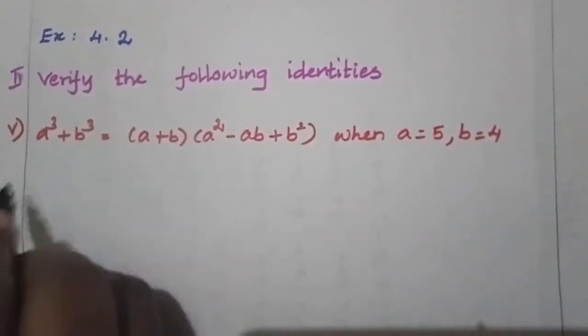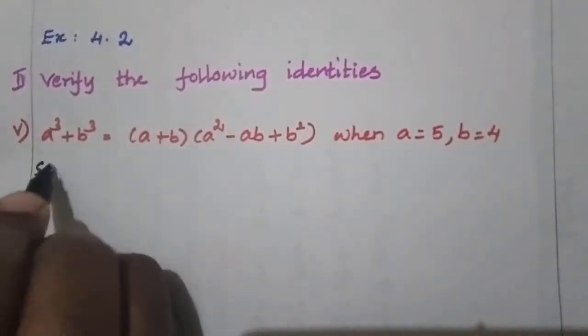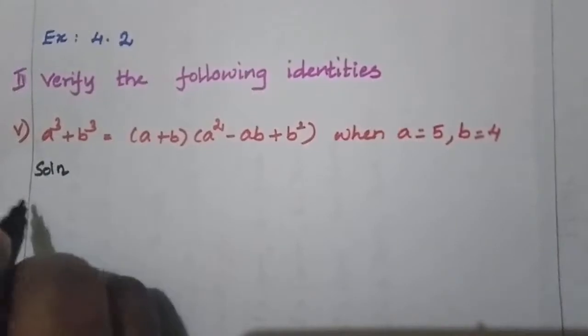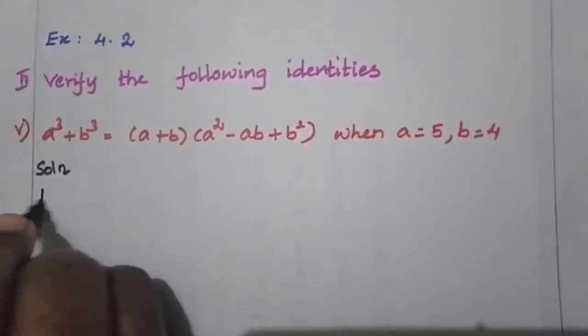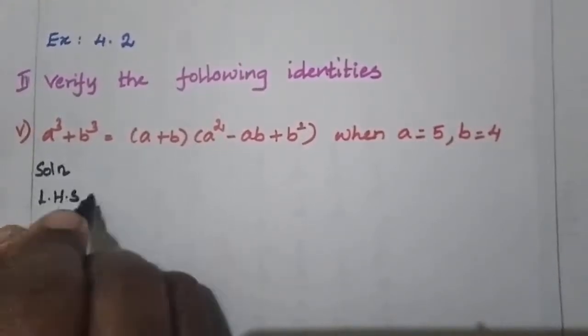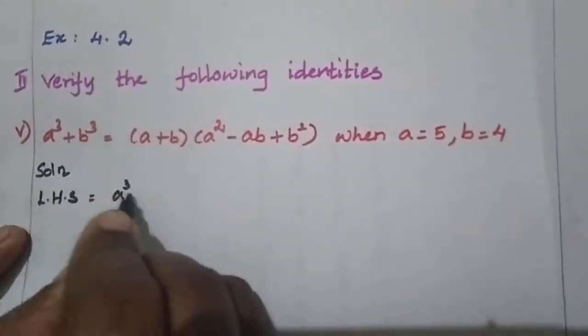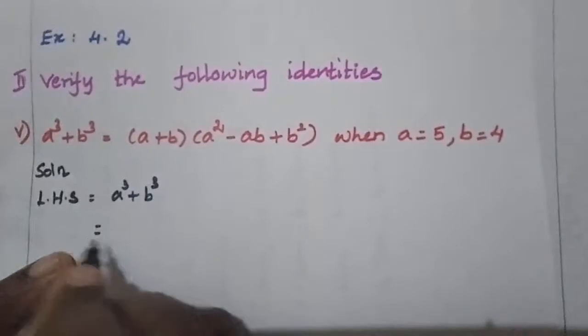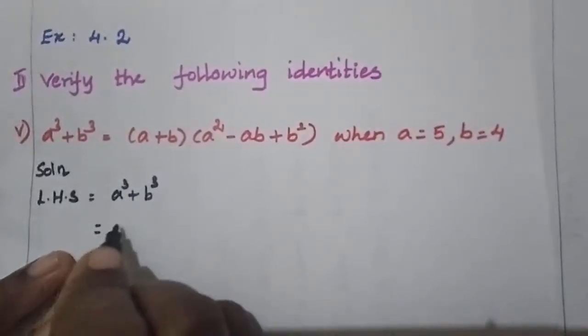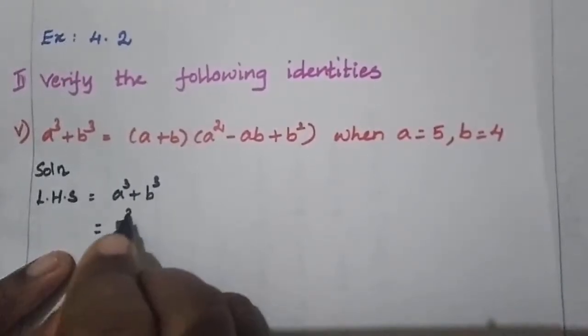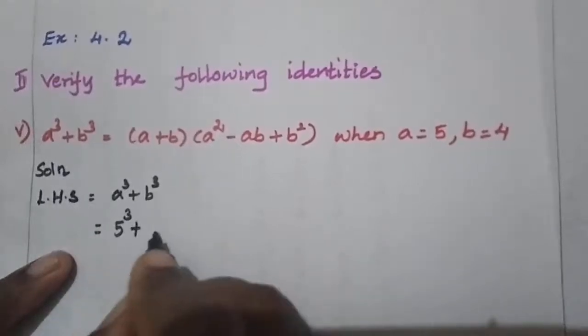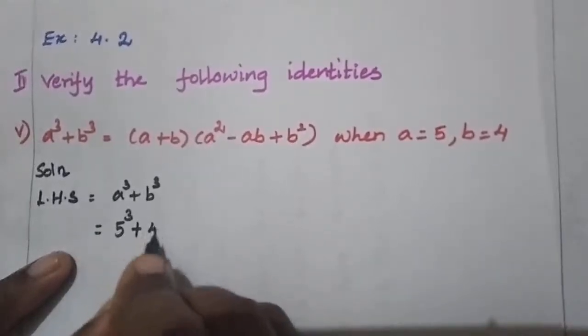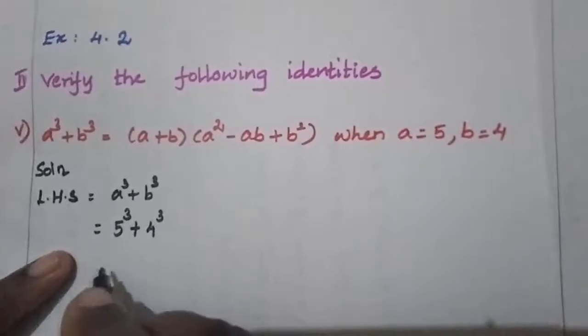So, let us start. Your left hand side is a cube plus b cube. What's the value of a? Yes, the value of a is 5. So you have to write it as 5 cube, and the value of b is 4, so 5 cube plus 4 cube.